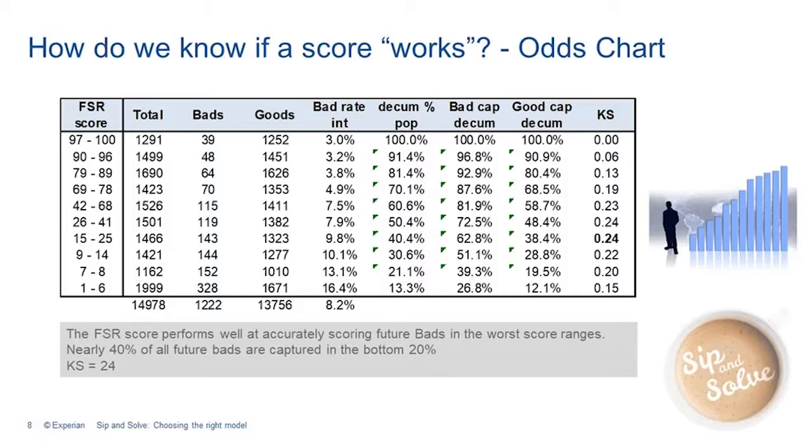So what this tells us is that the model is ranking the goods and bads and separating them out really very well here so that you can say, I want to take out those riskiest accounts at the bottom scores where you have really high bad rates, but you want to bring in those accounts that could score high and have very low bad rates.